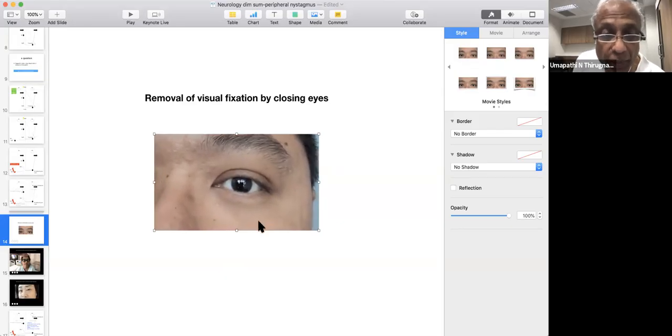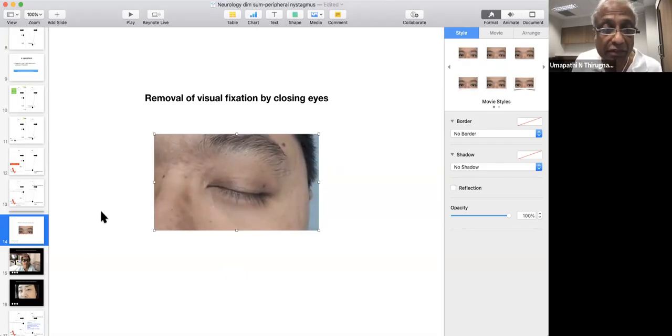So with the eyes open, the nystagmus is not so prominent. With the eyes closed, the nystagmus becomes much more prominent. So this is the Romberg sign of the eye, another sign that this is peripheral nystagmus.